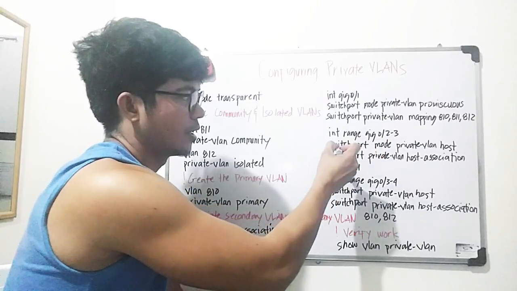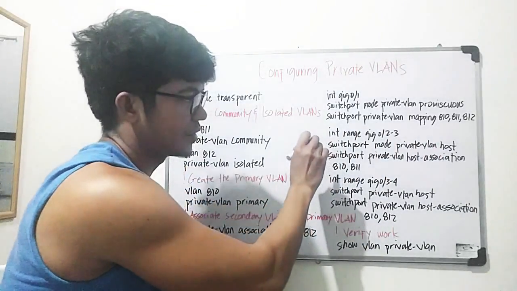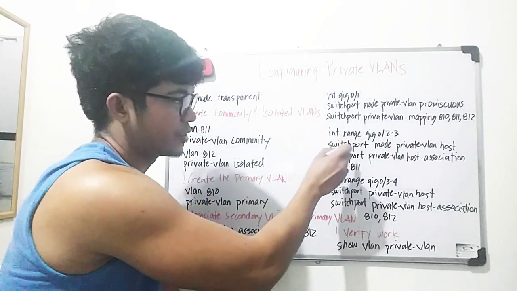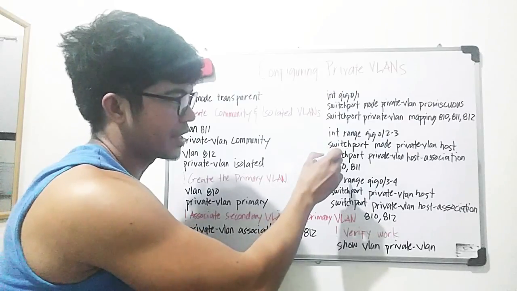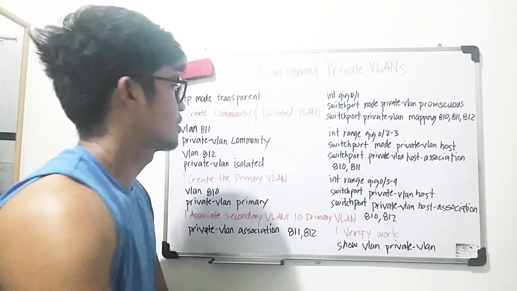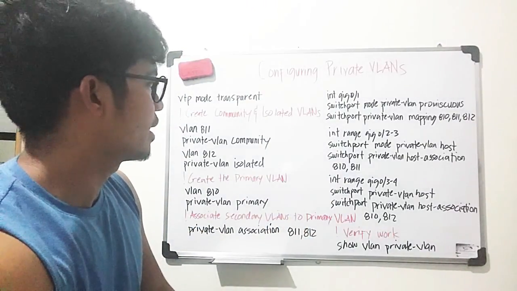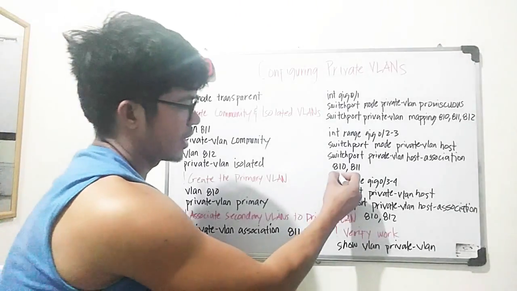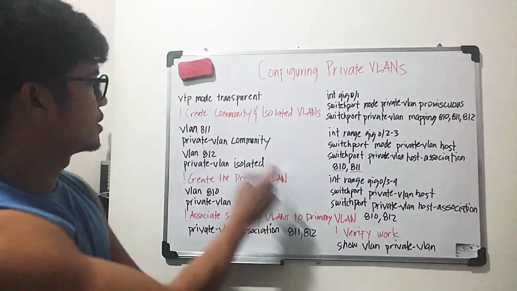So switchport mode private-vlan host. I'm configuring these ports as a host and associating these ports with the primary VLAN, and this is the primary VLAN and this is the community VLAN, as you can see here.